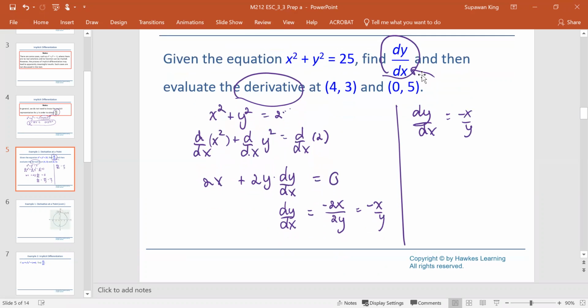For the point (4, 3), that means x is 4 and y is 3. At that point, dy by dx is negative 4 divided by 3. For the other ordered pair, dy by dx at the point (0, 5) is 0 divided by 5, or just 0.